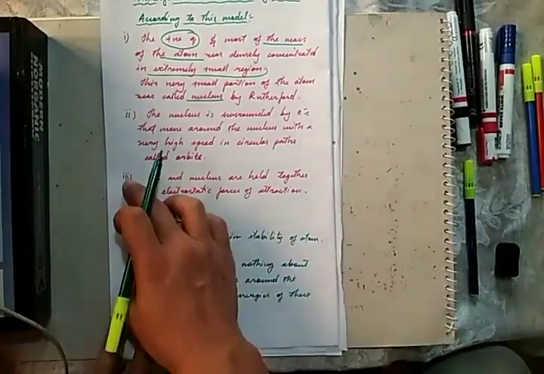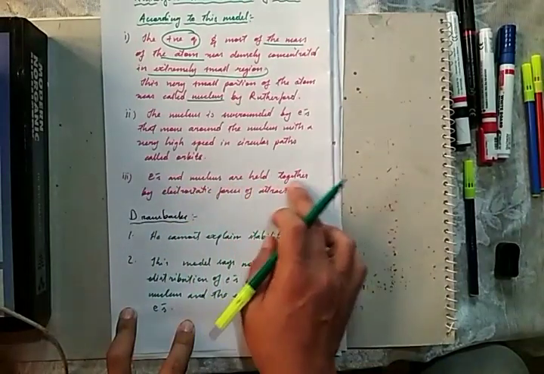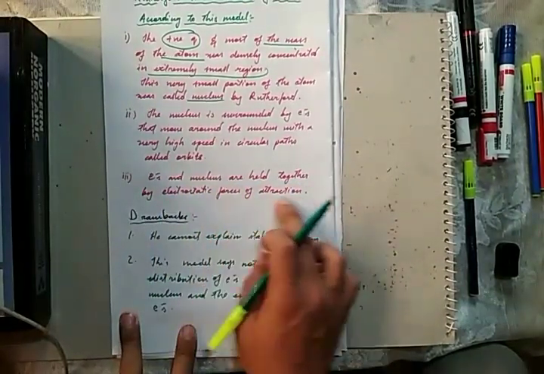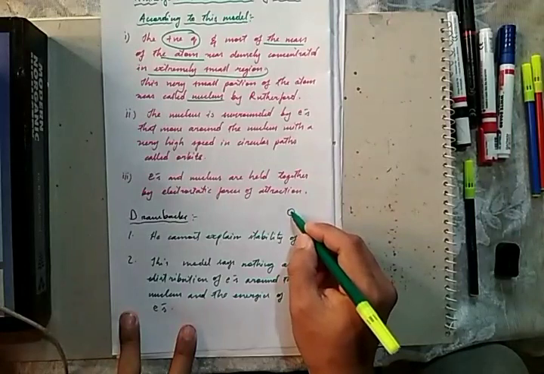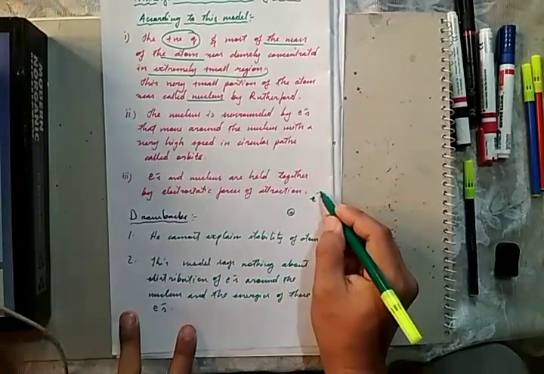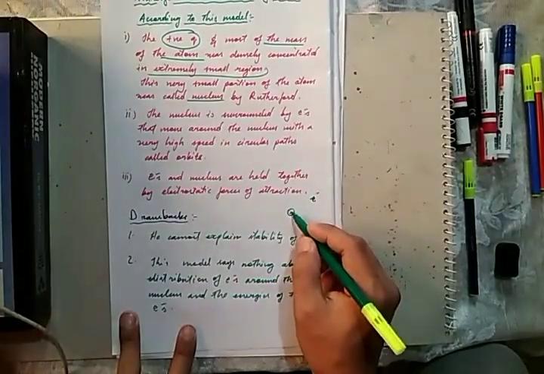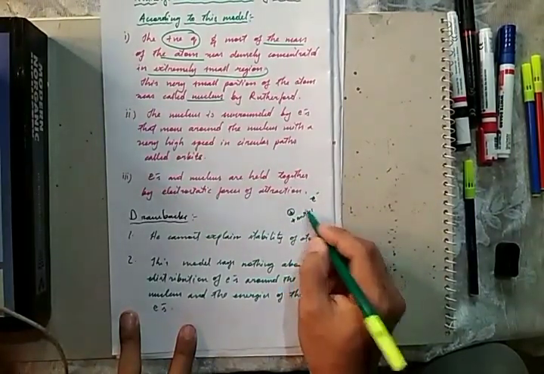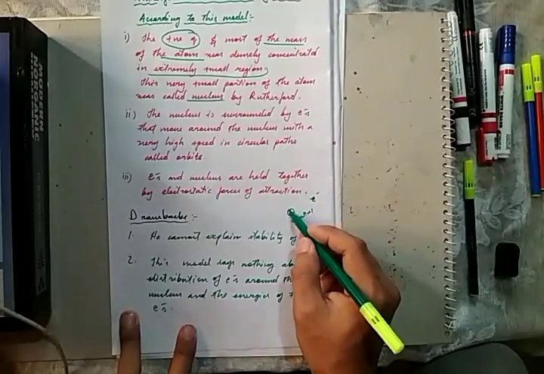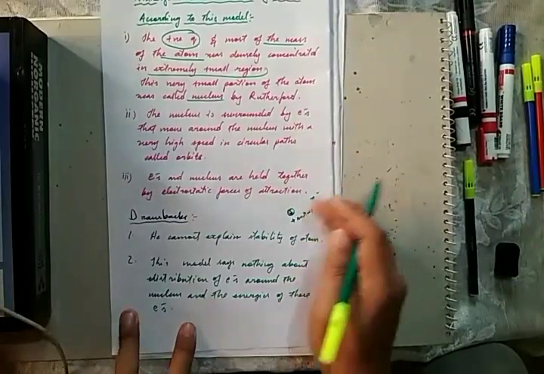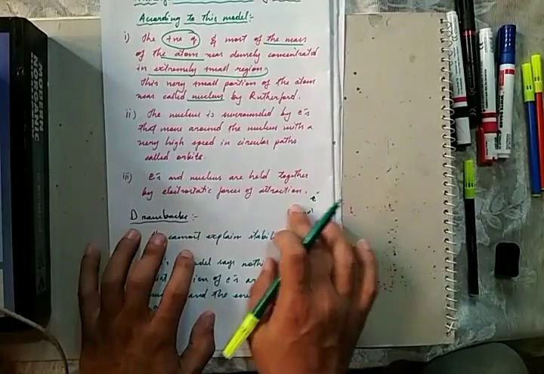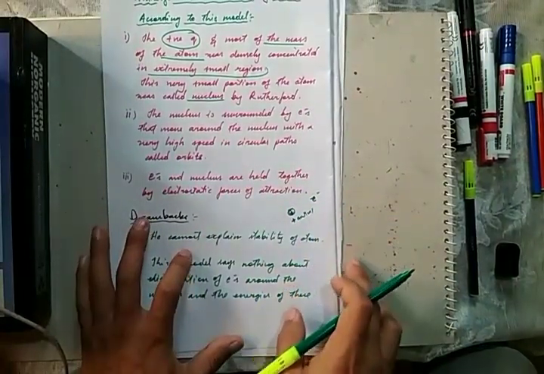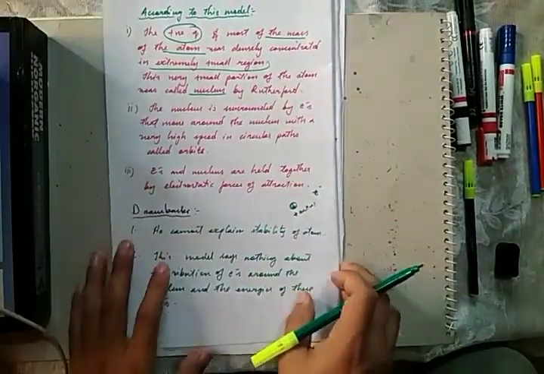Next point: electrons and the nucleus are held together by an electrostatic force of attraction. The nucleus has positive and neutral charge, and there is an attractive force between the positive charge and the electron, which we call the electrostatic force of attraction.